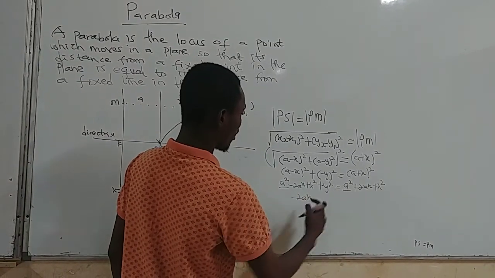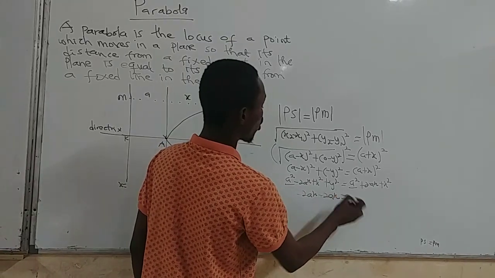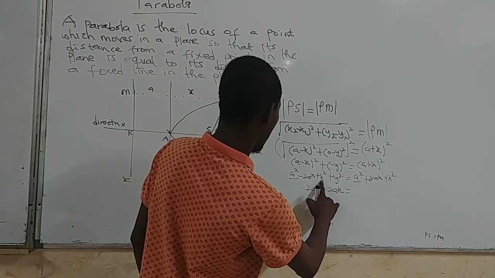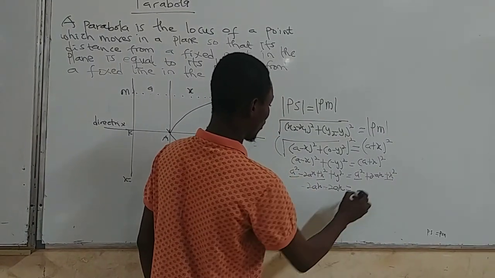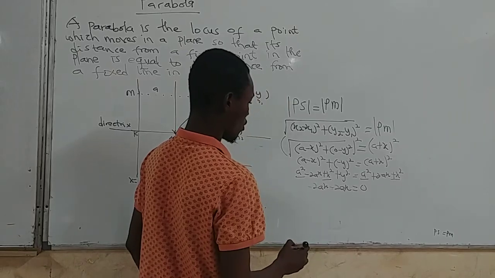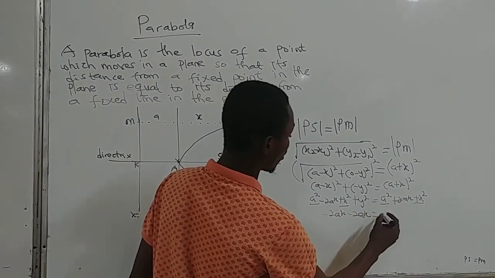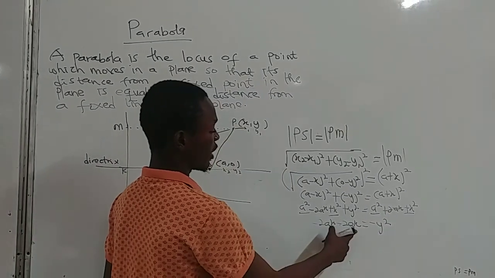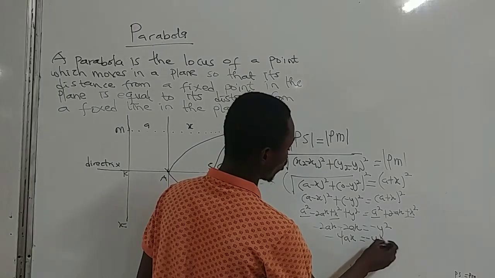Bringing the 2ax across, minus 2ax minus 2ax leaves us minus 4ax, which is equal to minus y squared.